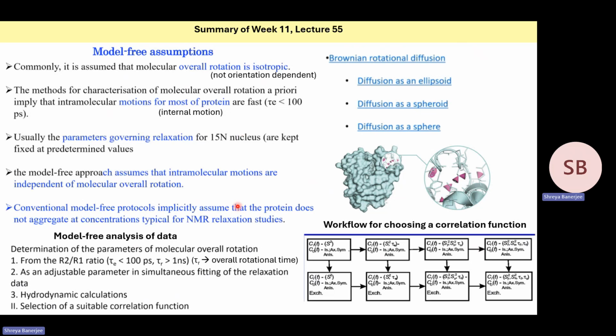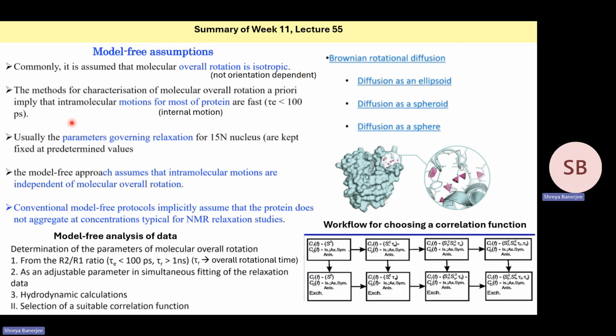So as we were talking about the Lipari-Szabo model, the assumption is that the molecular overall rotation is isotropic. That means you can imagine the molecule as a large globule, and it has an isotropic motion. The motion is not orientation dependent.